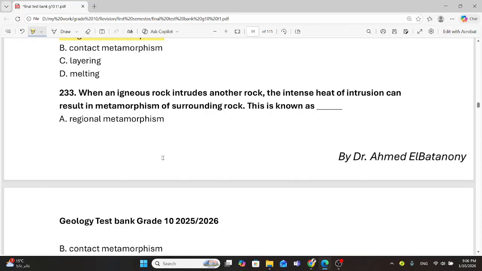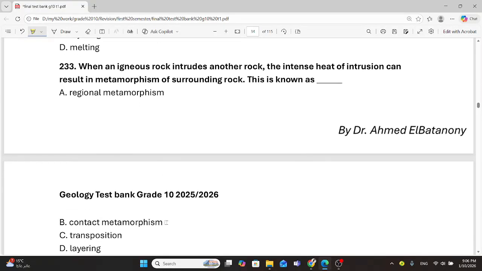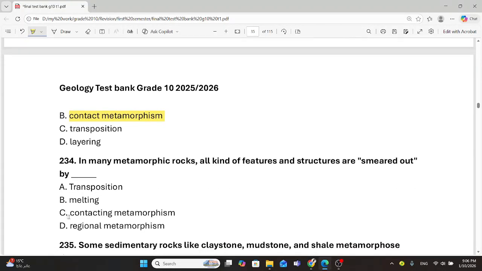this is known as contact metamorphism. طالما حصل contact ما بين الـ rocks يبقى contact metamorphism. In many metamorphic rocks all kinds of features and structures are smeared out by the transportation.